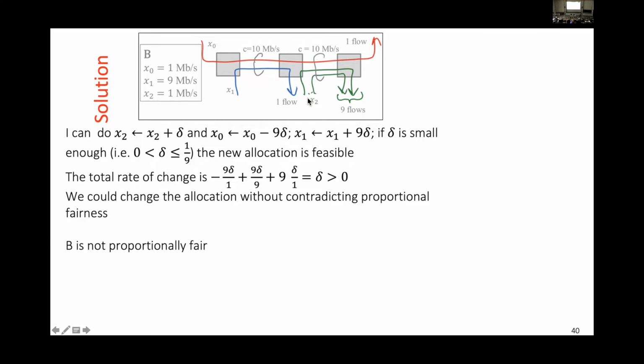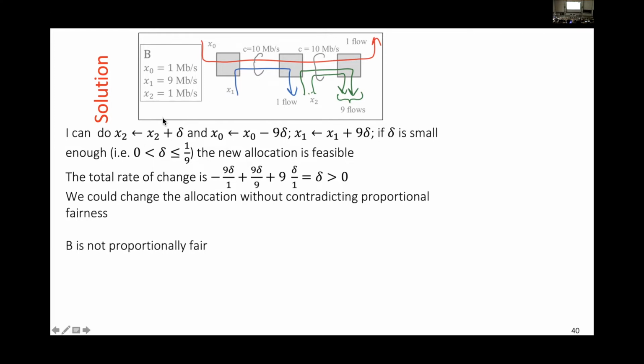If I add a small delta here, I increase the aggregate rate submitted to this link by 9 delta. So I should decrease the same value from x0 to satisfy the constraint of this link. When I decrease this 9 delta from x0, this link is not saturated anymore. So that enables me to increase with the same value the rate that I'm giving to this flow here, x1.